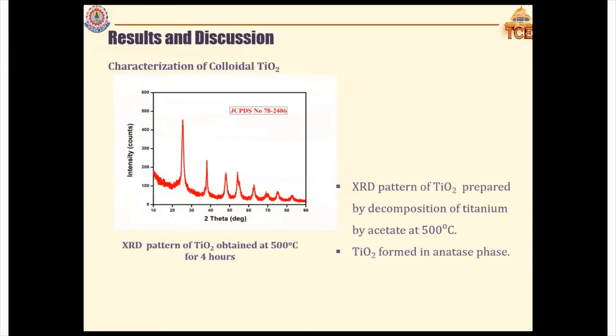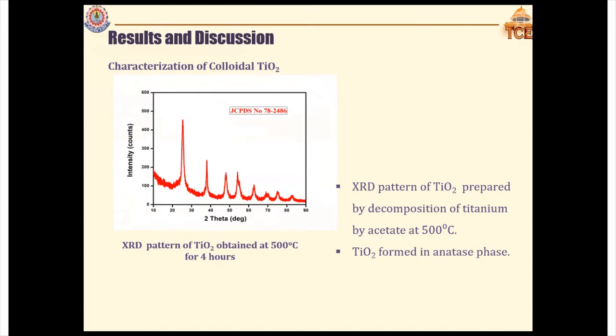So, results and discussion. First of all, characterization of colloidal TiO2. The first one is XRD pattern of TiO2 colloids. The pattern of synthesized materials combined with anatase, rutile, and brookite phases of titanium dioxide. The figure shows that there is a good agreement between the calculated and observed pattern.